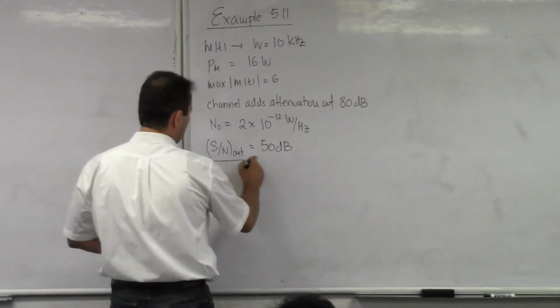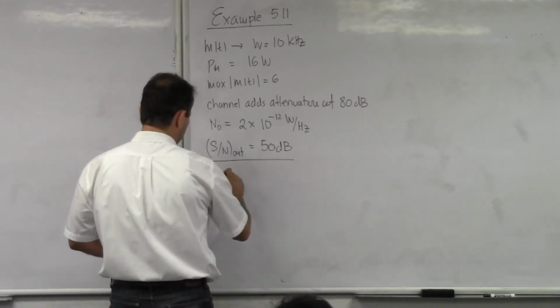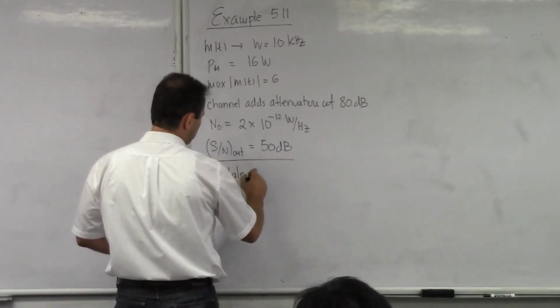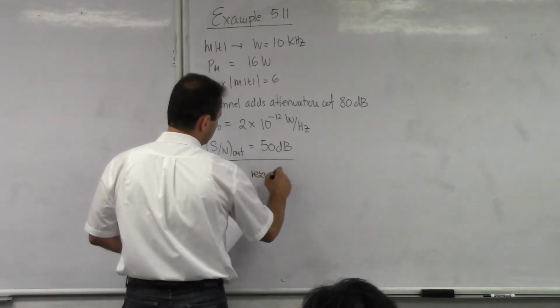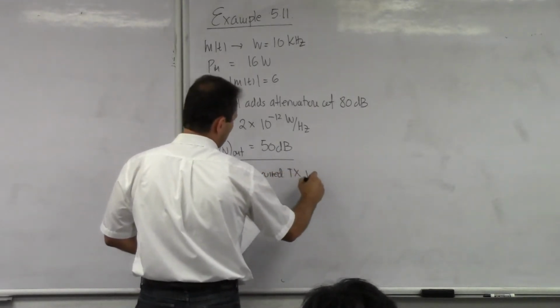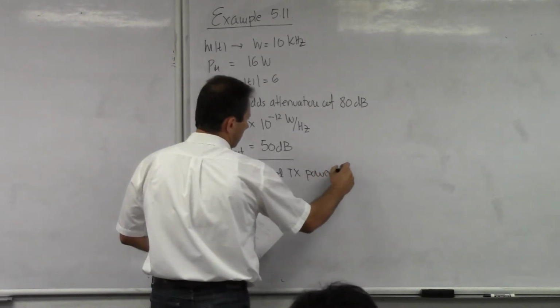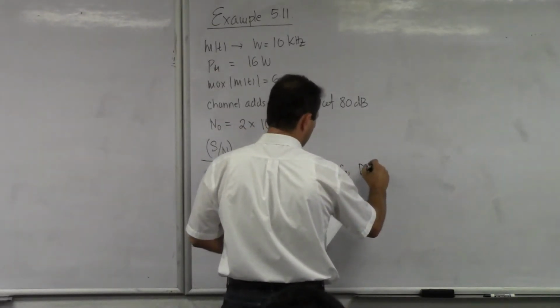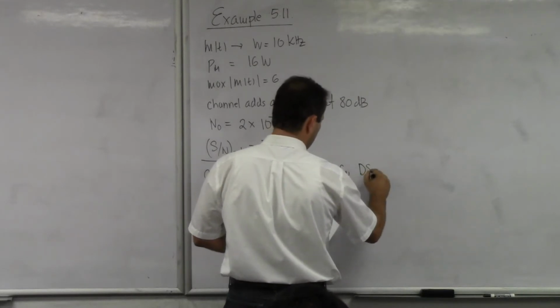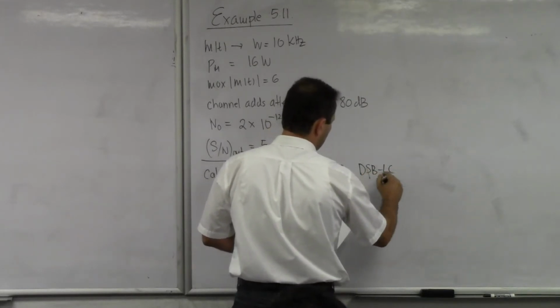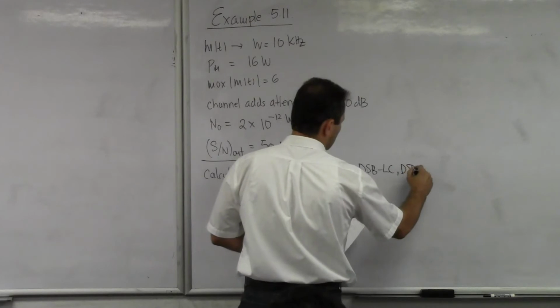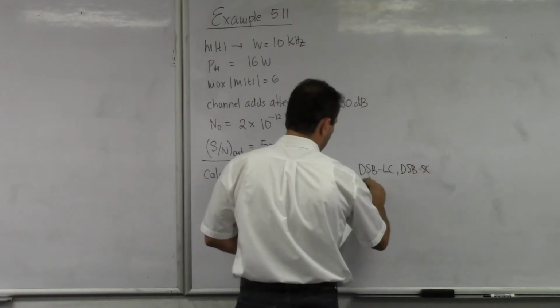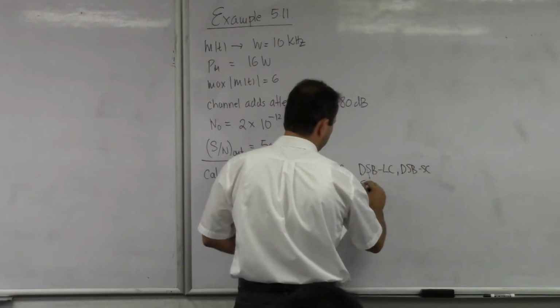It says here, calculate the transmit power required for double sideband large carrier, double sideband suppressed carrier, and single sideband AM.